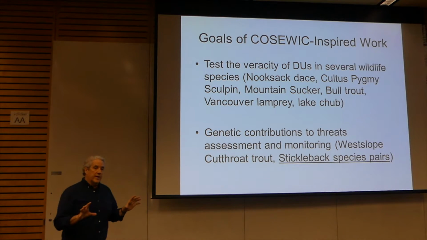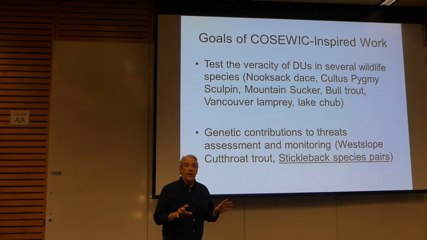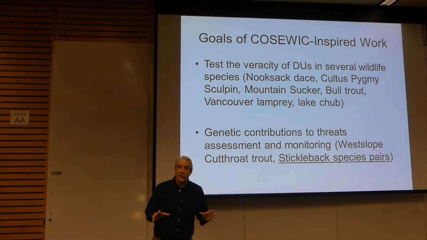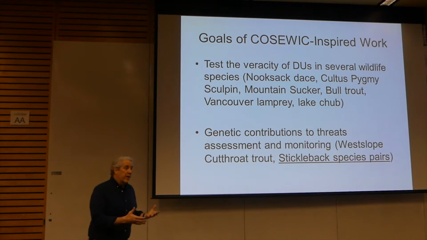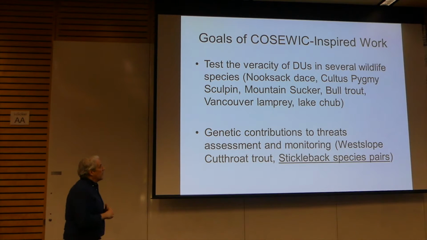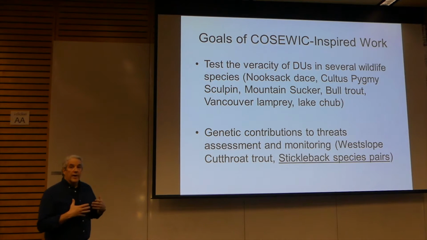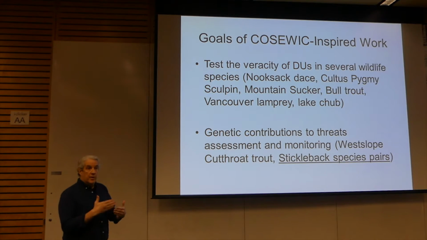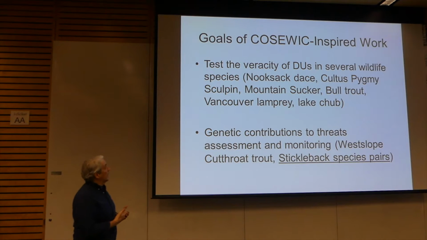Many of those were erected based on, in some cases, anecdotal information, in some cases just morphological variation, in some cases just geography. And there wasn't a lot of hypothesis testing or rigor in actually assessing whether these things, which are going to command resources and change people's lives, actually merit being on Canada's species at risk list.